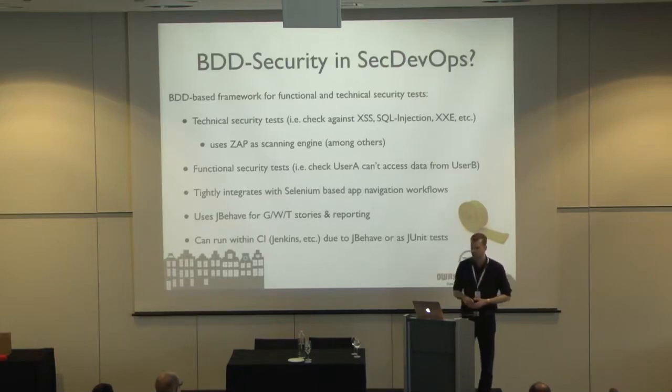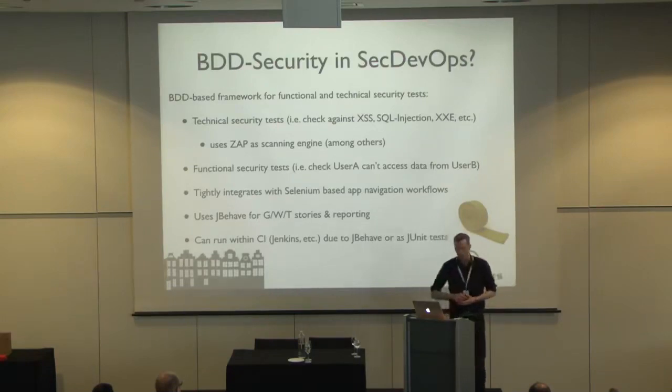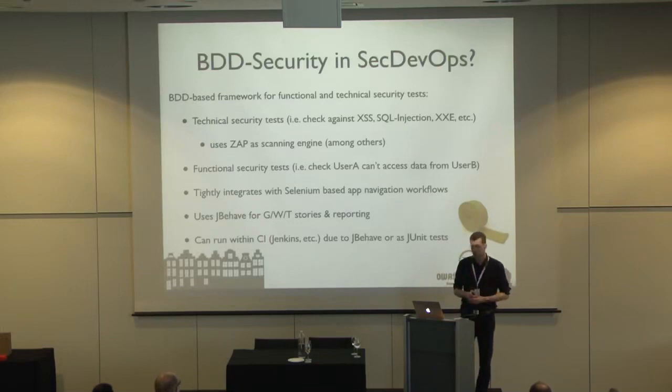You can drill down these things then. And it also tightly integrates with Selenium on the UI testing side, so you have a very good means of defining application workflows.